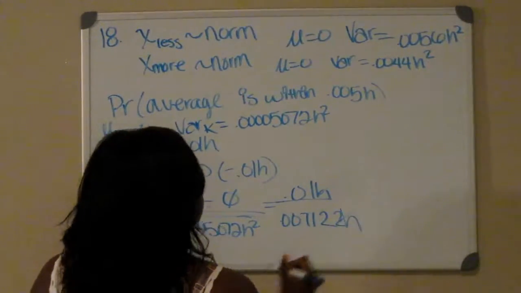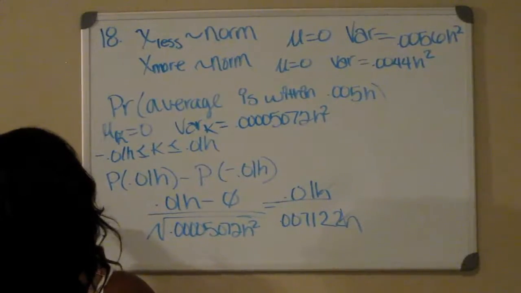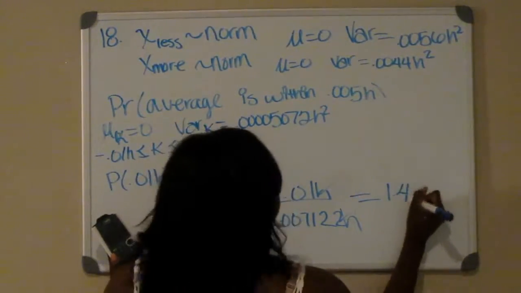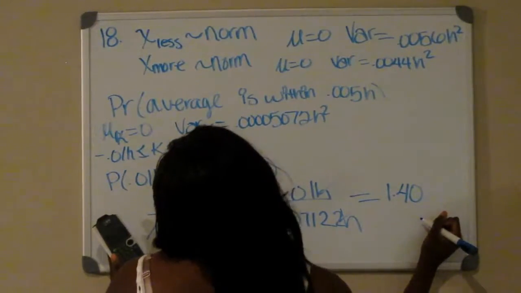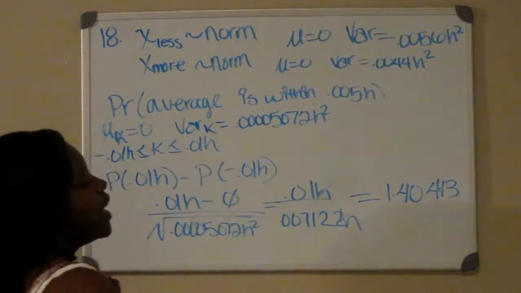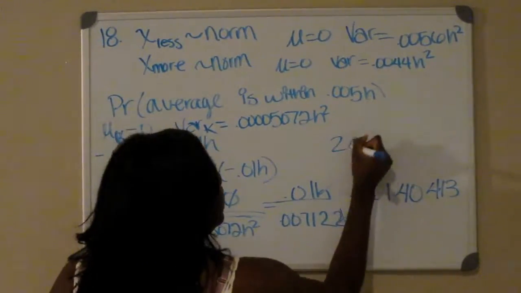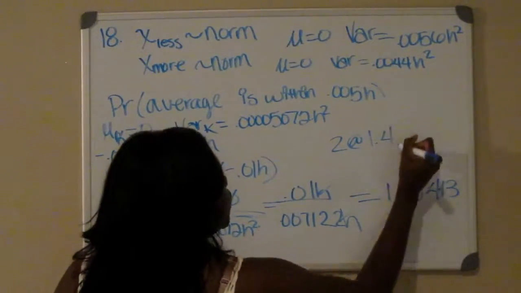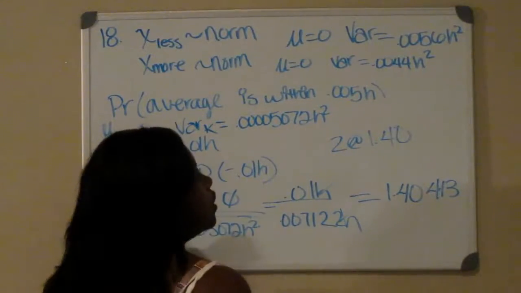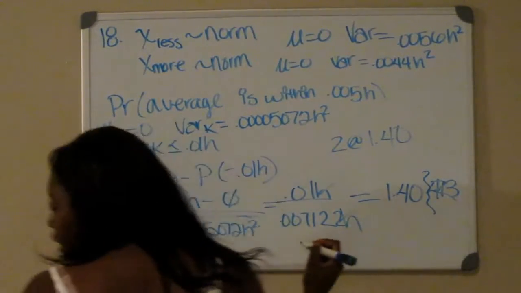Cross that out, cross that out. 0.01 divided by whatever this number is right here, which will equal 1.40413, which doesn't really matter because we're going to move this to the z table because we now have z at 1.40. And so we really don't need all those extra numbers.